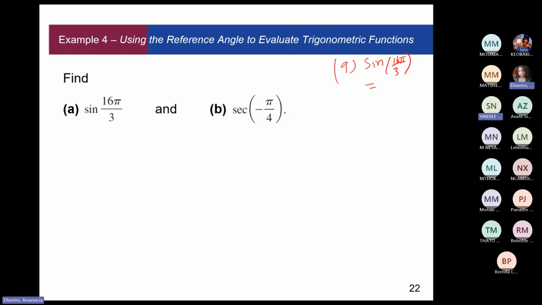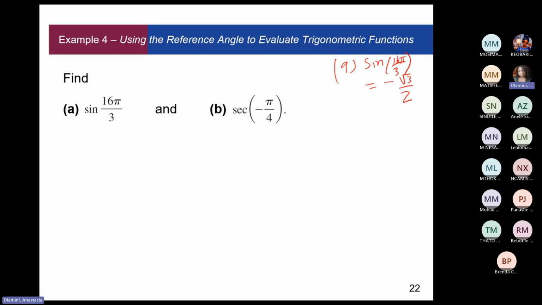Isn't that we learned this thing? Sine, the way you get it in your calculator. Negative root 3 over 2. Yes, ma'am. Okay.